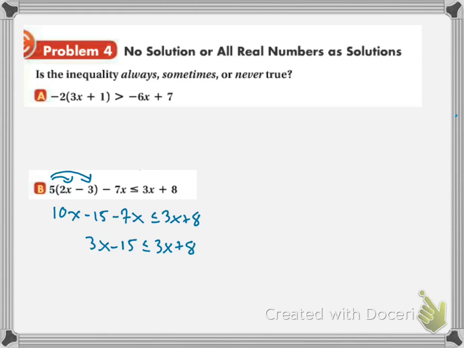Again, I have the same 3x and 3x on both sides that I can cancel out. And I'm left with the statement -15 ≤ 8. Comparing back to part A, this statement will always hold true. The value of -15 will always be less than 8. So this is an example of an inequality that would always be true.